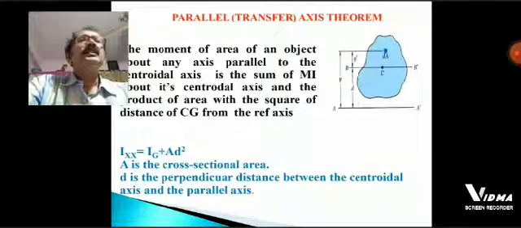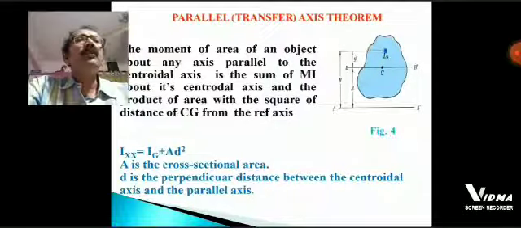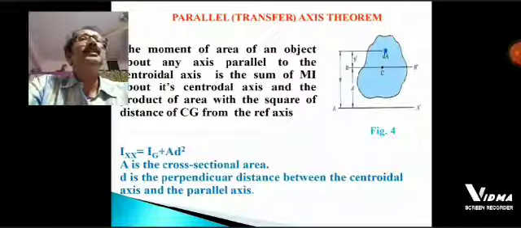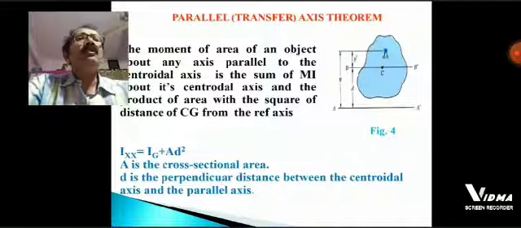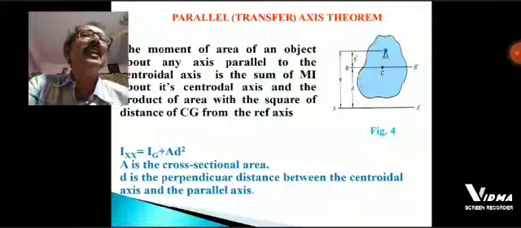Now this is the figure. In figure 4, there is a total area A and a small elemental area dA, and this small elemental area dA is at a distance y from an axis, that is A dash. That axis is parallel to the centroidal axis, that is B dash.